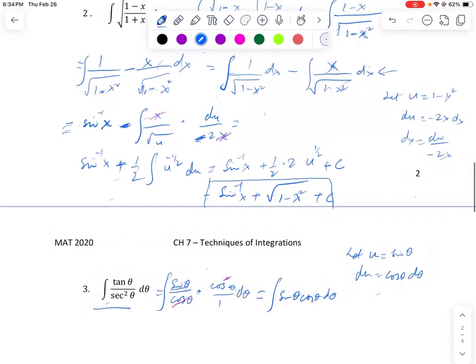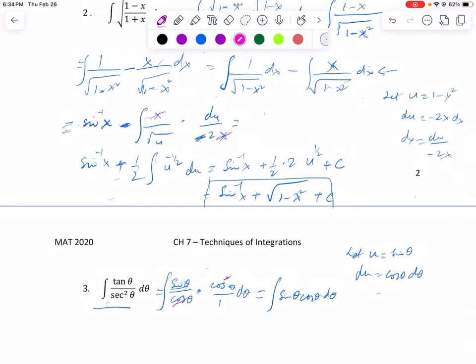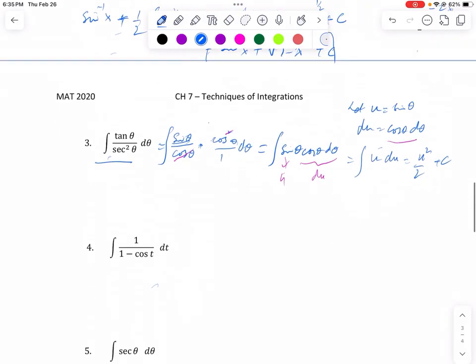So cosine theta d theta is actually du, and this quantity is u. So you end up getting integral of u du, which is u squared over 2 plus c. So u squared will be sine squared theta, so you end up getting 1/2 sine squared theta plus c. That will be your answer.